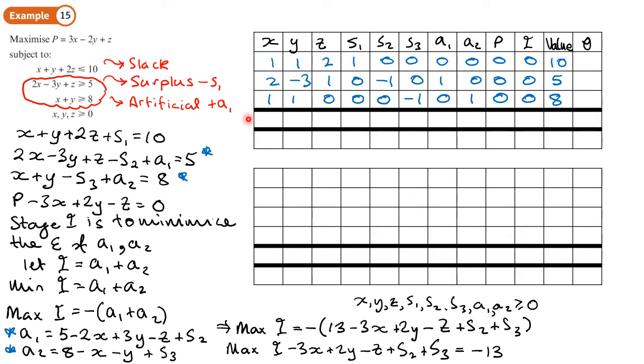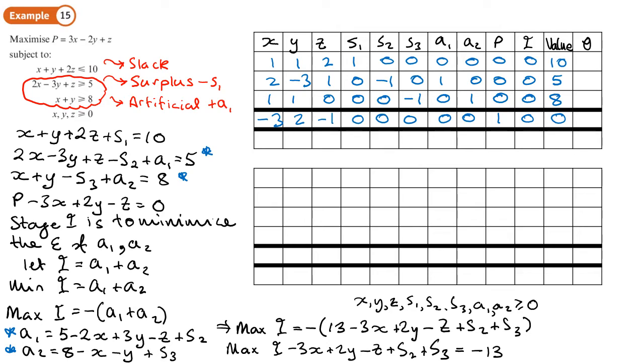Now, what I'm going to put in this row is maximizing the P objective. So that's going to go in this row, and the bottom row is going to be the I objective, because that's the one that I need to minimize first. So P is going to go here. So P, when we rewrote it, was negative 3x plus 2y minus z, no artificial, slack or surplus variables, a 1 here and a value of 0.